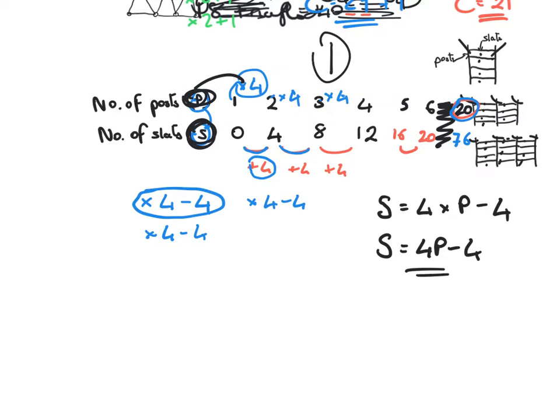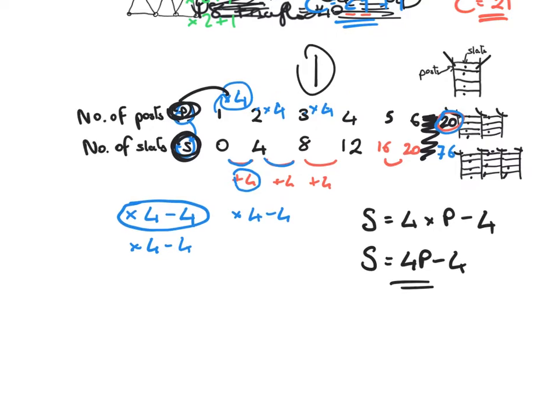That's the formula. Okay, so remember that what we're doing here is finding the number of slats when we're given the number of posts. Now let's say the next part of the question was to turn that around. And this time, let's say that the question said that I've got 28 slats and how many posts would I have?